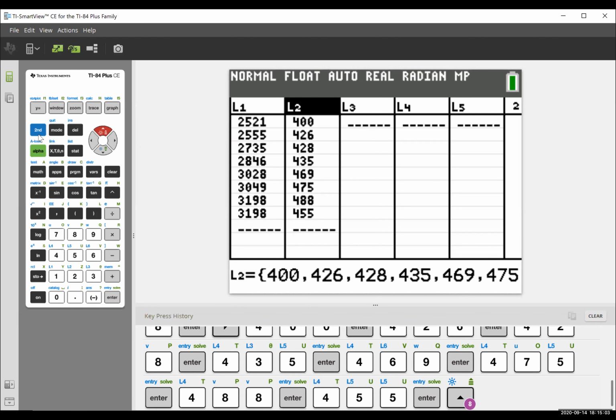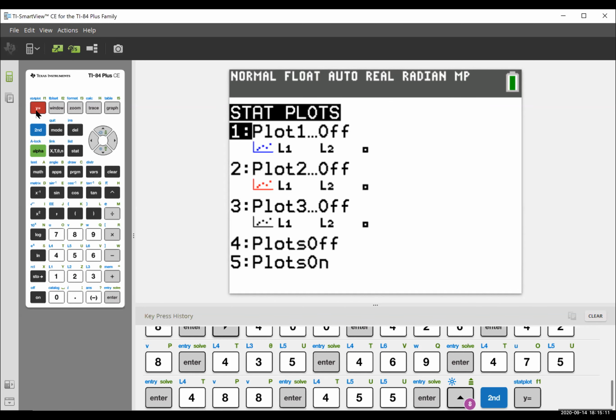So all you have to do to get a scatter plot is second y equals, and then choose 1.